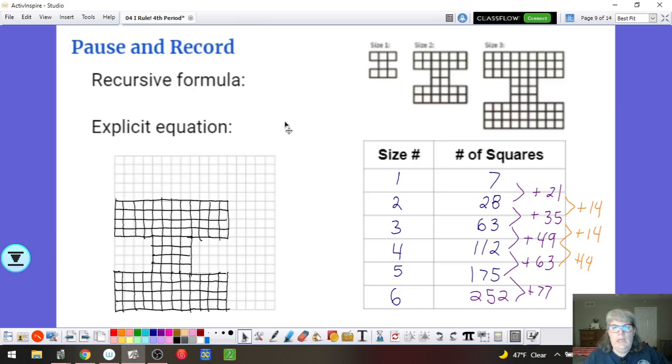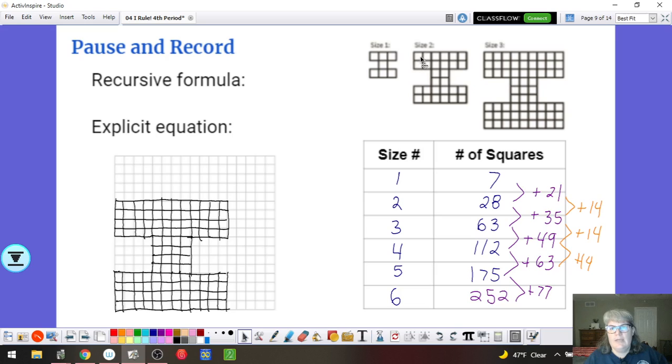So I've gone ahead and sketched the fourth size already, just to save some time in this video. So you'll see that size 1 has a total of 7 squares, and the thickness of each row and the thickness of the piece in the middle is 1.